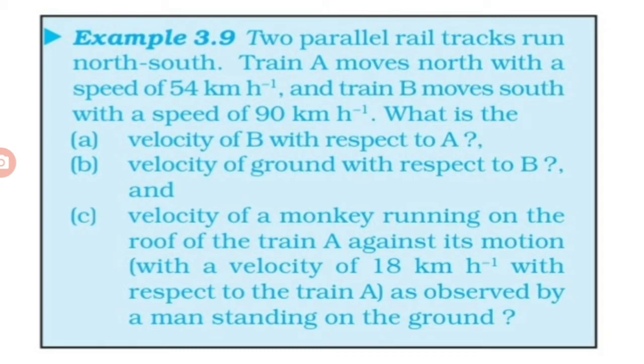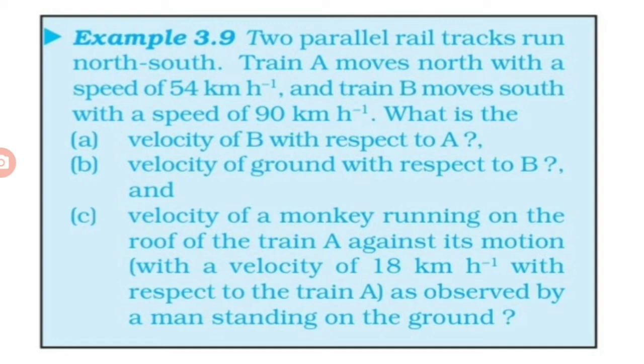Velocity of ground with respect to B, and velocity of a monkey running on the roof of the train A against its motion with the velocity 18 km per hour with respect to train A as observed by a man standing on the ground. So it's given two trains are running in the north-south direction in opposite directions.